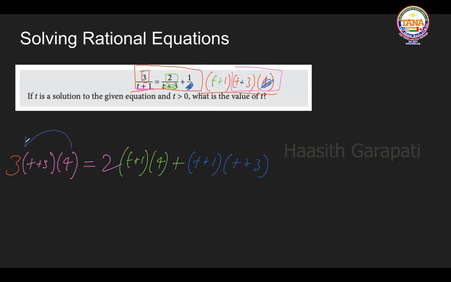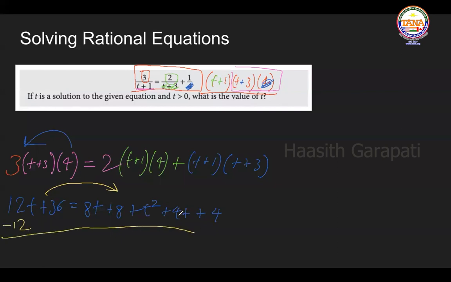So let's do that. First term is going to come out to 12t plus 36. And then the second term, 8t plus 8 plus t squared plus 4t plus 4. And then now we have to combine the whole darn thing. Okay, so if we combine everything, let's go in this direction. Subtract 12t from the whole equation, and then subtract 36 from the whole equation.